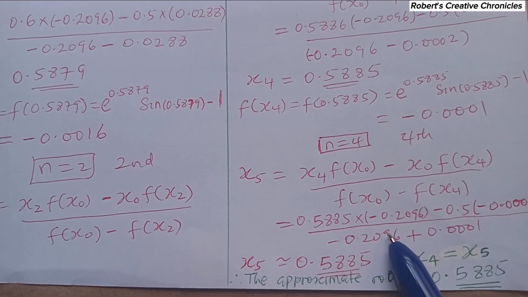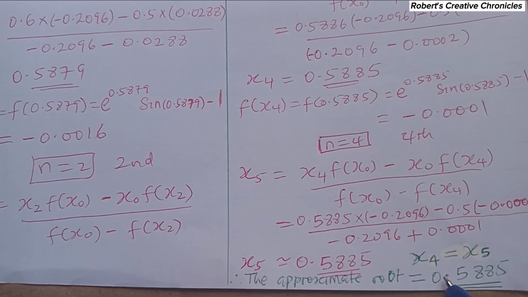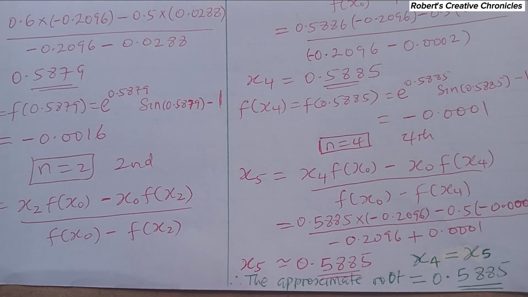So we can now stop the iteration here, and we know that our approximate root is 0.5885.